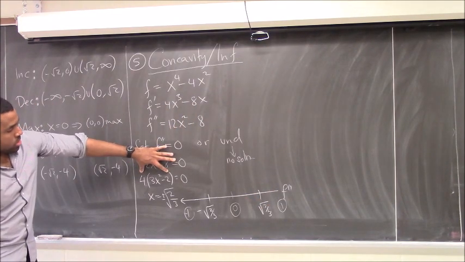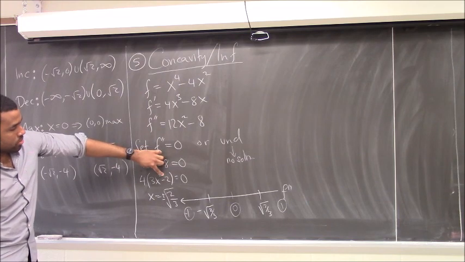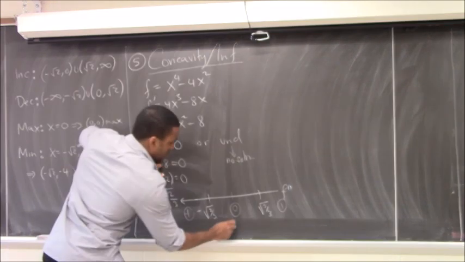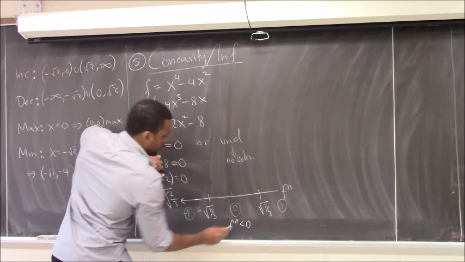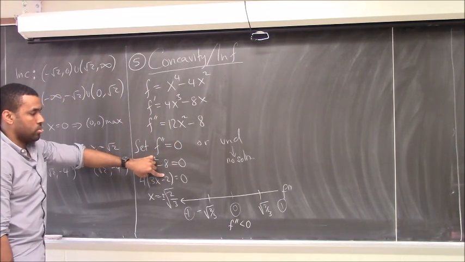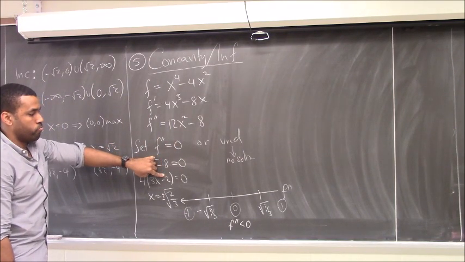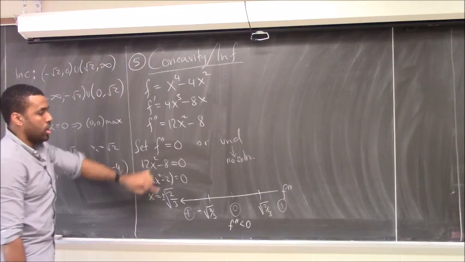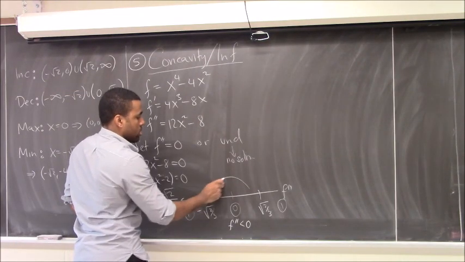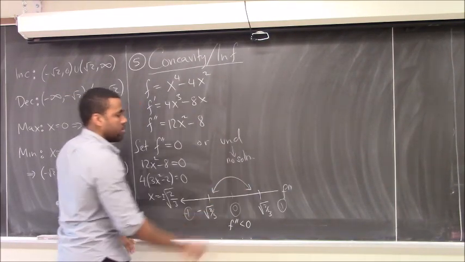If I plug in 0 here, clearly I get a negative. So here my second derivative is negative. And what does that mean? Concave down, like a frown. So my graph should have that shape.